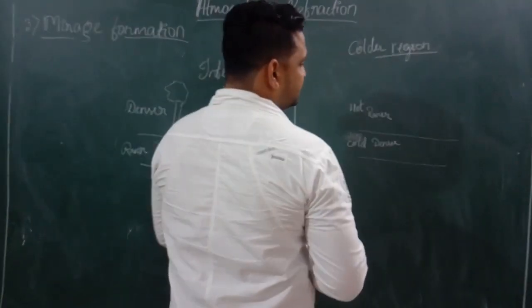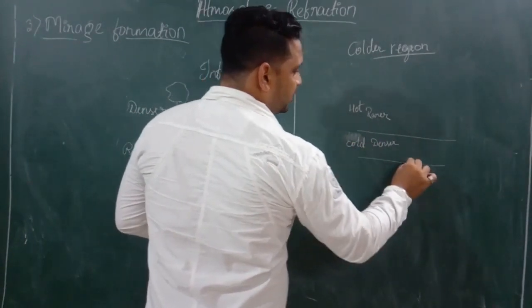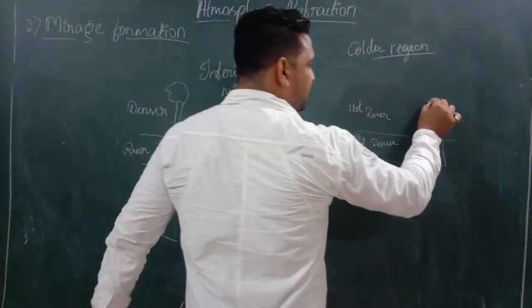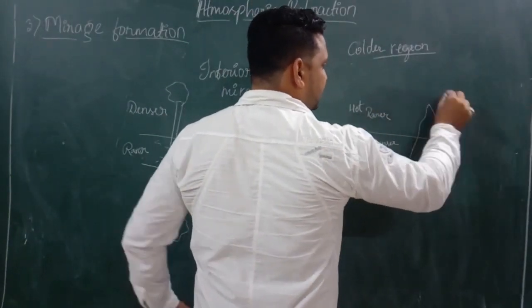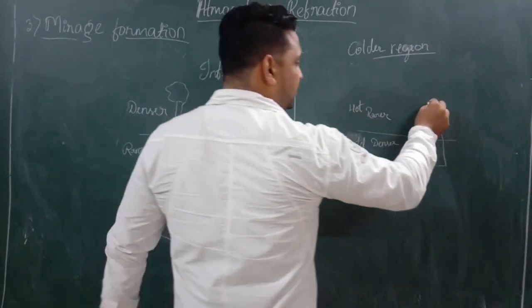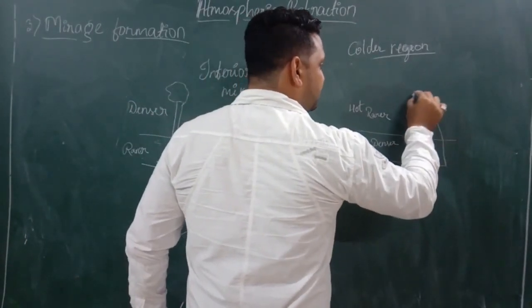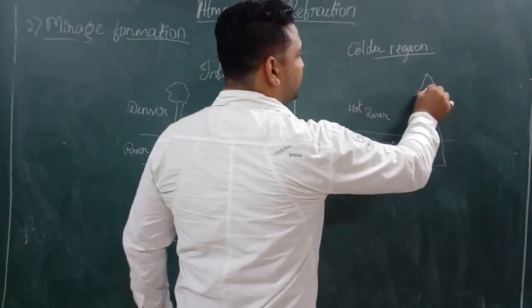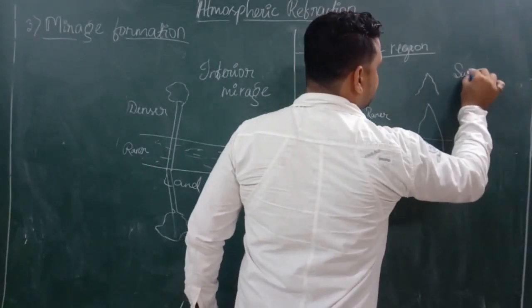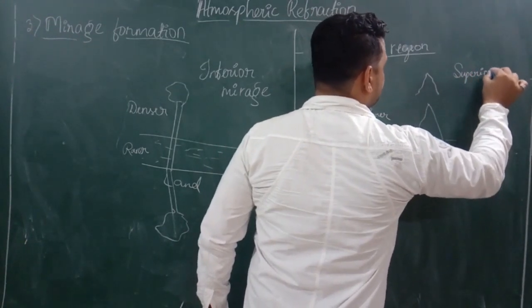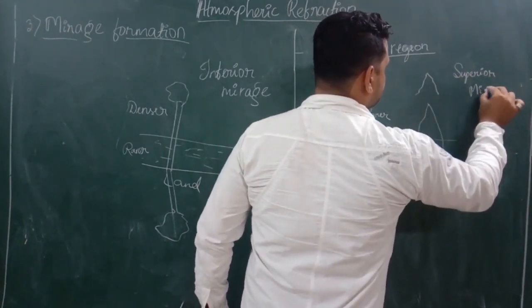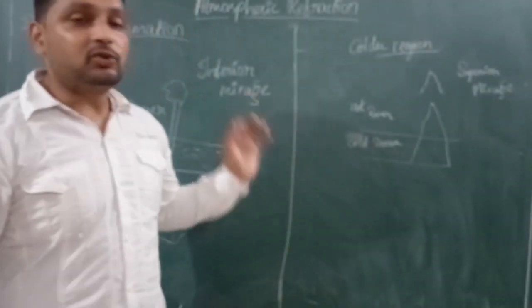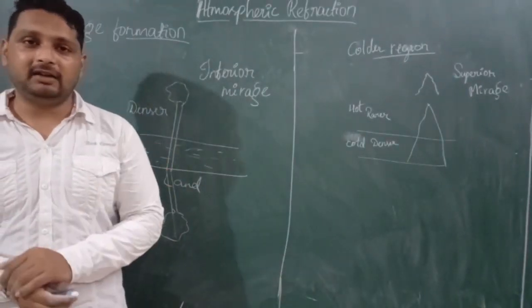If there is a mountain here, and there are a lot of clouds, a little bit of foggy climate forms, then the peak of the mountain appears a little bit higher in this position. This kind of mirage is called a superior mirage. So these are the two different types of mirage formed due to atmospheric refraction.